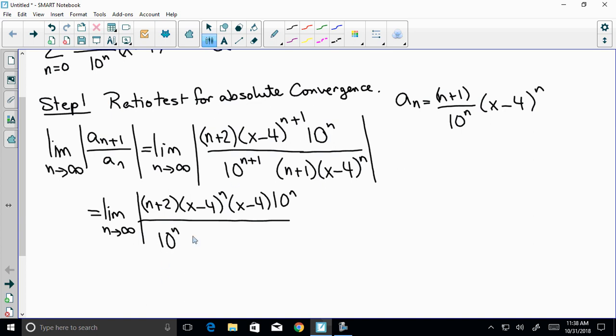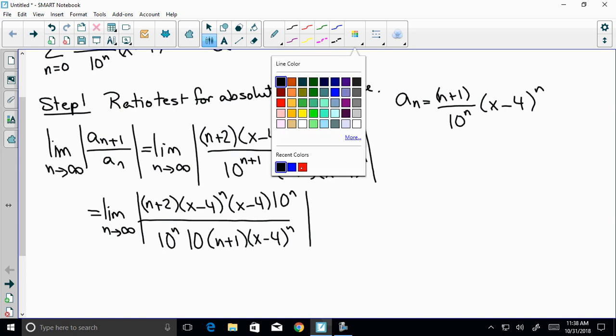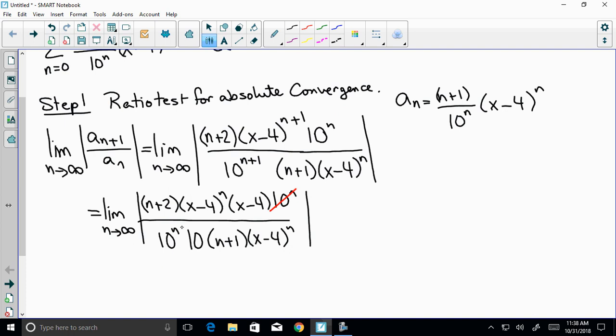See, 10 to the n plus 1 is 10 to the n times 10, then n plus 1, x minus 4 to the power n. And now we cancel. So 10 to the n and 10 to the n cancel. X minus 4 to the n, x minus 4 to the n cancel. And nothing else cancels.